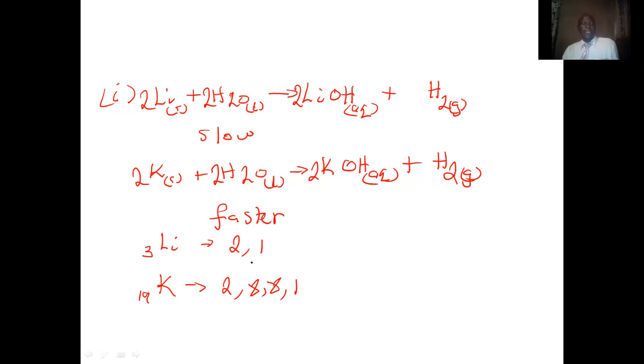So you notice that the electron which is lost in lithium is nearer to the nucleus, which contains the protons which are positive.